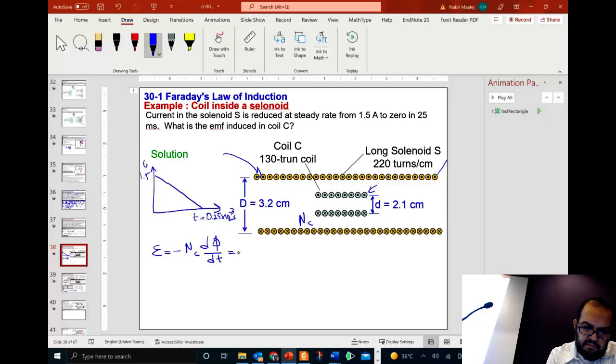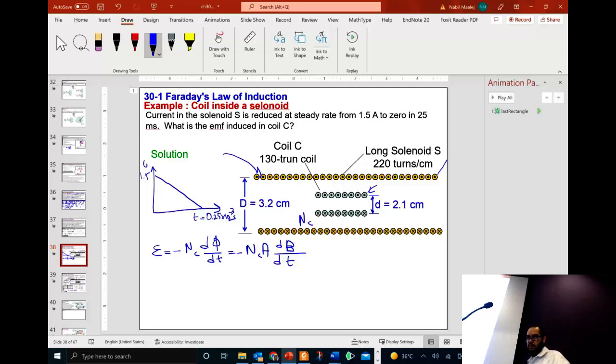So this is minus N_C, the derivative of the area of one loop times B. And since the area does not change, let me take it outside the derivative: dB/dt.